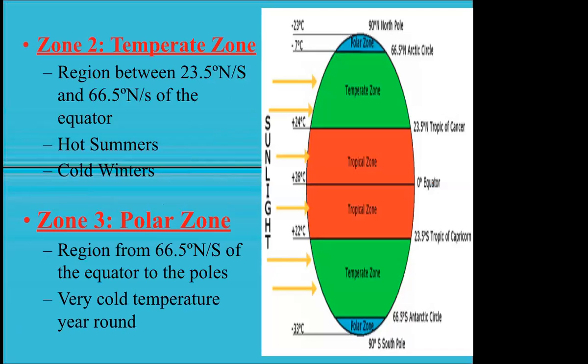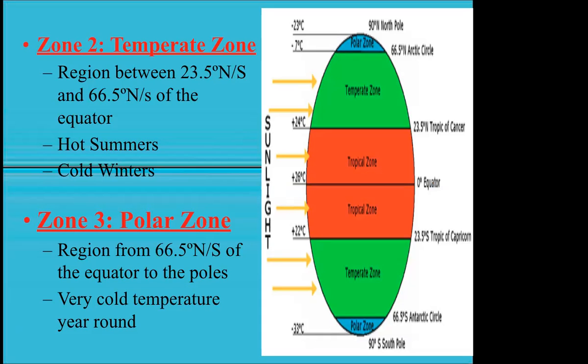Next is the temperate zone. This is the region between 23.5 north-south and 66.5 north-south of the equator. So the tropical zone is in the middle because it's closest to the equator. Then the temperate zones are going to go above and below that tropical zone, either north or south of it.